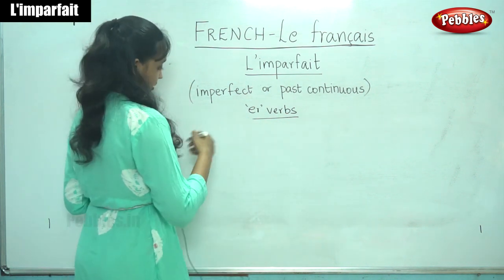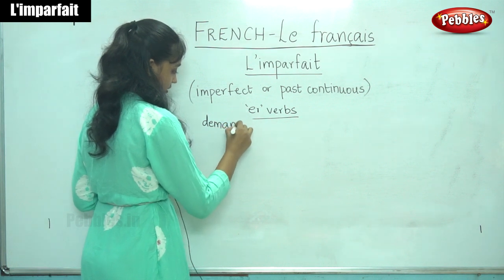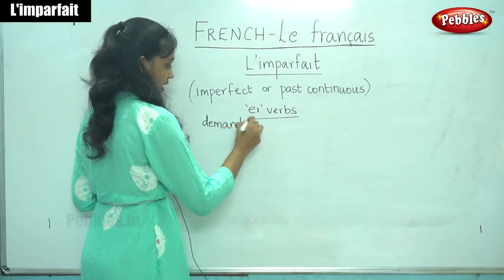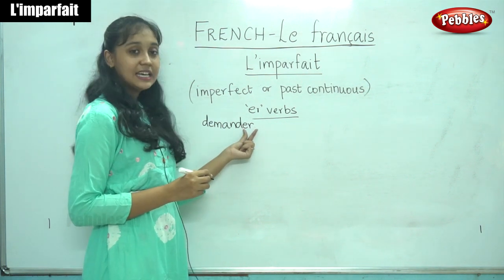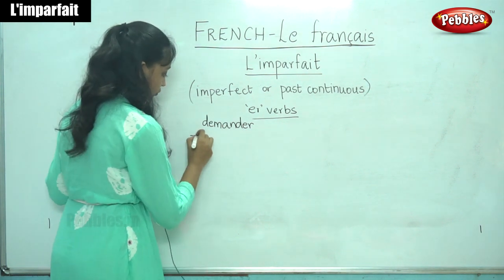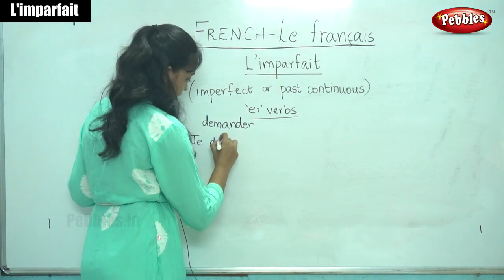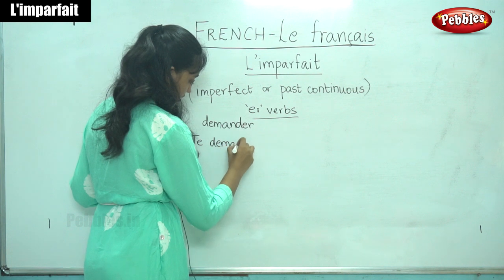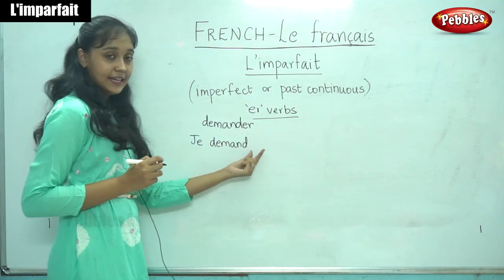Now, shall we try to write the conjugation in imperfect for an ER verb? Let us take the verb demander, which we already learnt. Now, as I told you, the stem is formed by removing E and R. So, for je, it will be the stem followed by the ending.